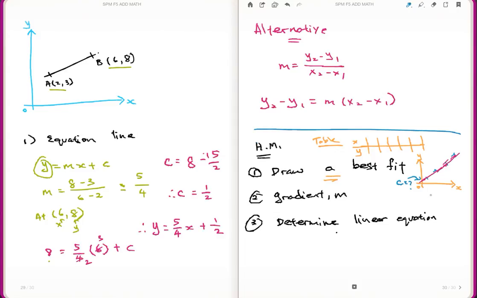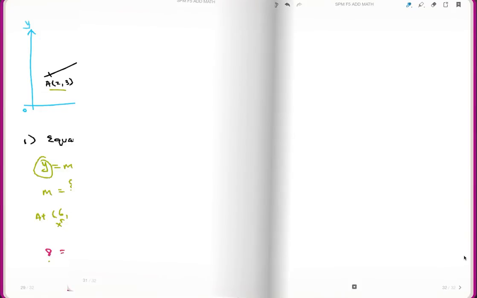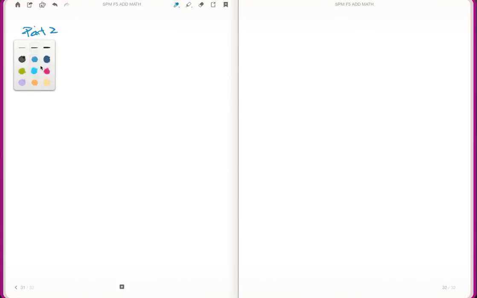Our next session would be the essence of this chapter. I would say this is part 2. I only have one part for this chapter. This is how you get a non-linear into linear.